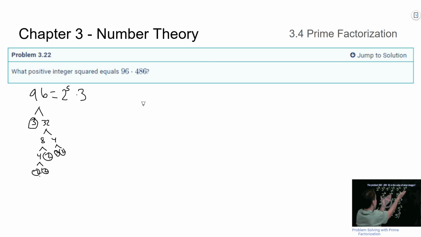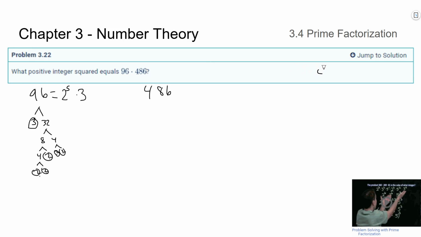Okay, that's for 96. How about 486? 6 plus 4 is 10, plus 8 is 18, so it is a multiple of 3 and 9. But I don't know what 486 divided by 9 is.